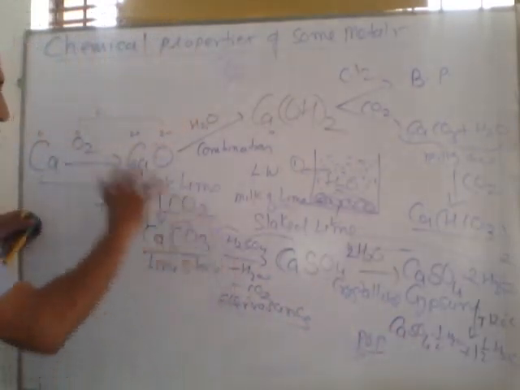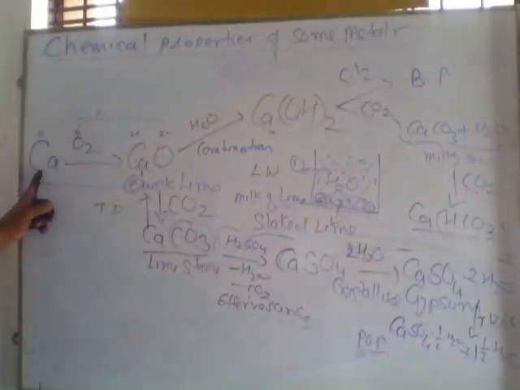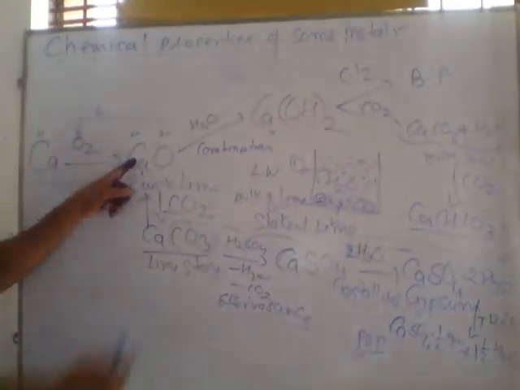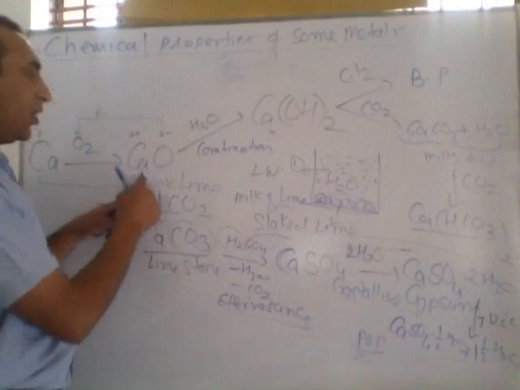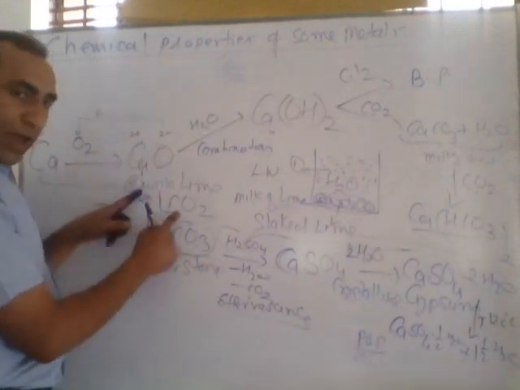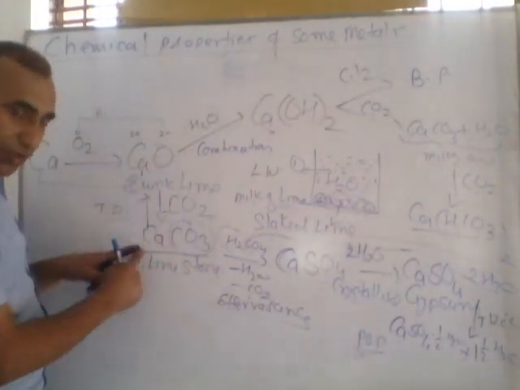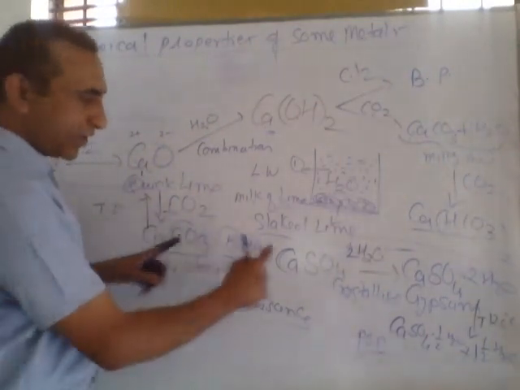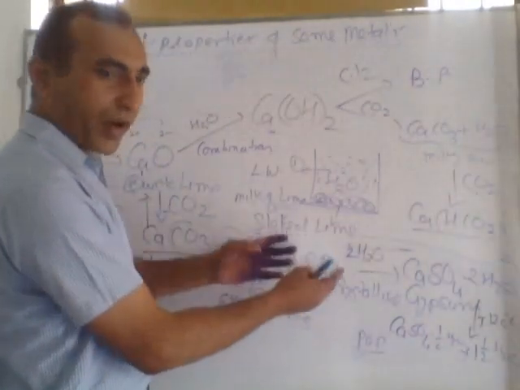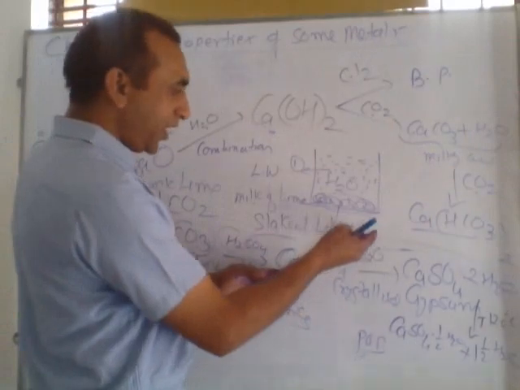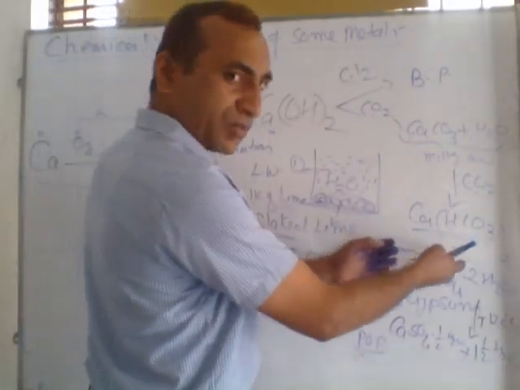So let us quickly revise the reactions of calcium. Calcium reacts with oxygen, forming calcium oxide, also called quicklime. Quicklime by reacting with CO2 forms limestone. On reacting with sulfuric acid, it gives calcium sulfate. If it absorbs water, it gives gypsum.